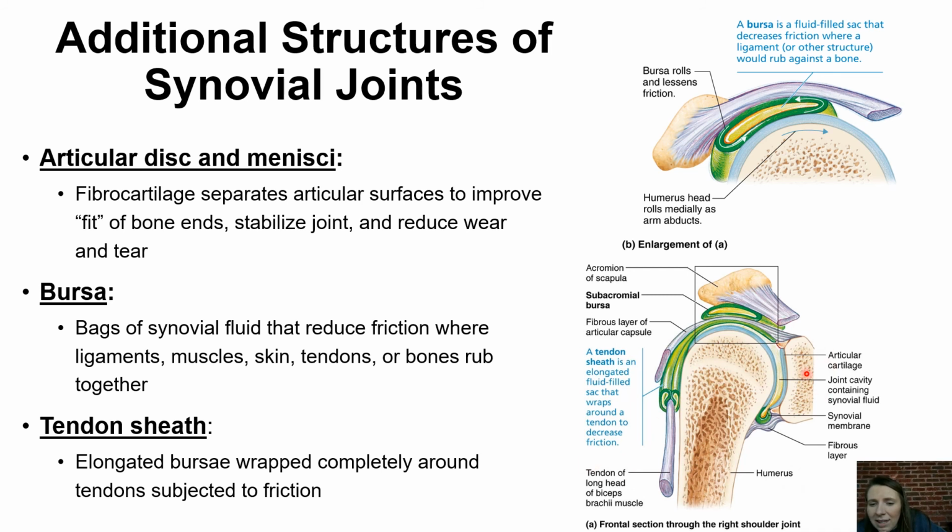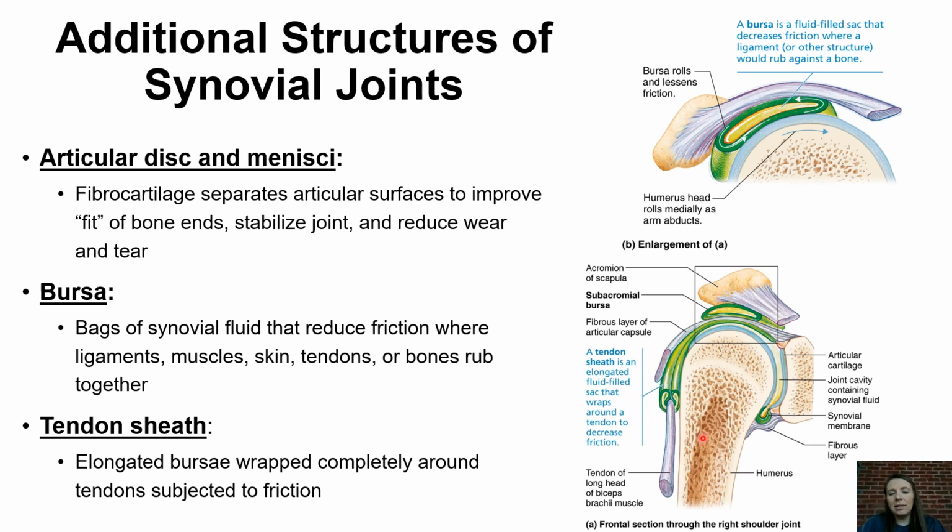Within the shoulder, here is the acromion of the scapula, and the subacromial bursa, which is the one that you saw up here in this top picture. But we also have the tendon for the biceps muscle. The biceps muscle essentially is going to come up into the shoulder and attach that way, so it actually has to cross the joint space.